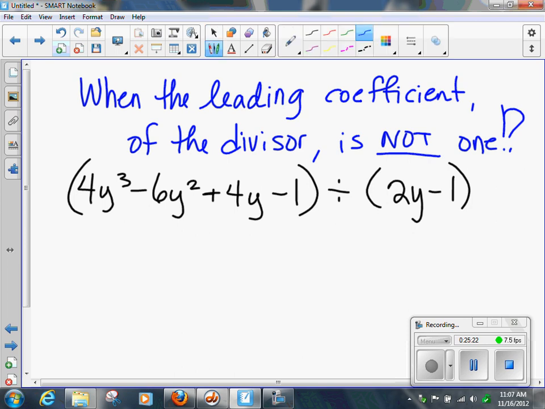How do we get the leading coefficient equal to 1? We're going to go through and divide by that leading coefficient. And folks, what I do to one thing, I got to do to everything. Check this out.